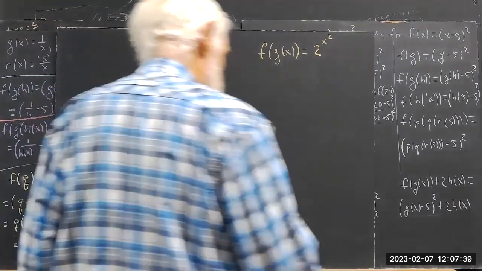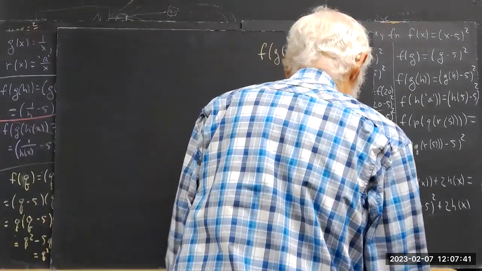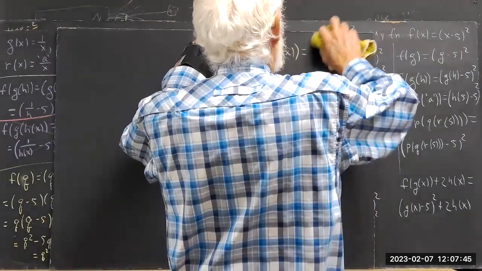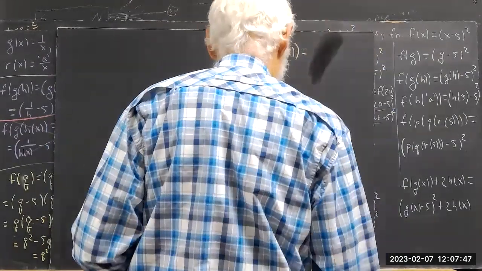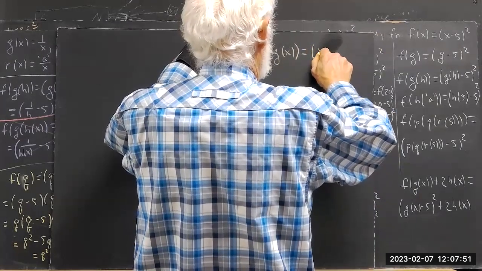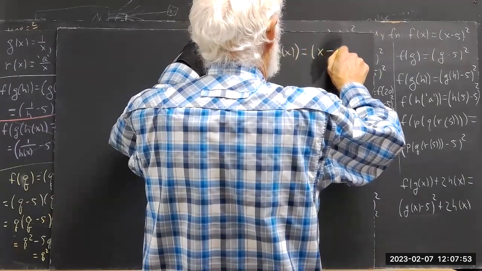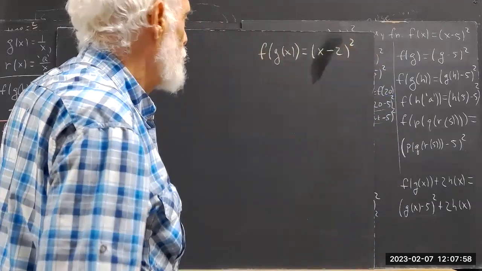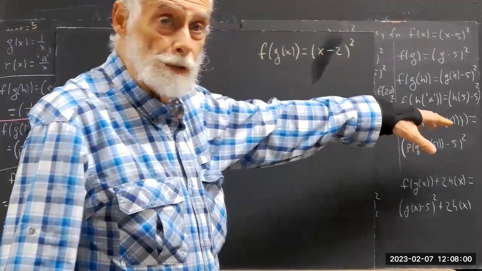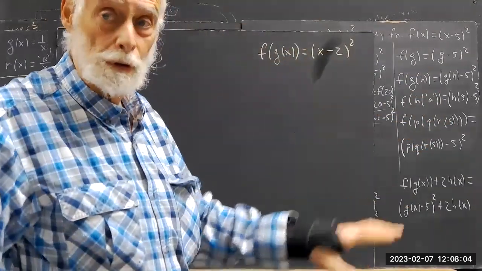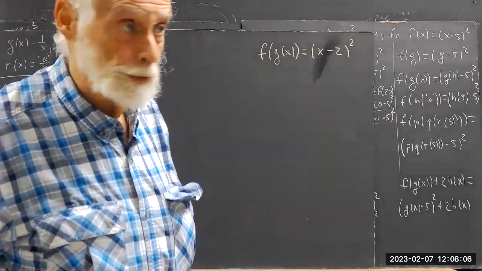Actually, I don't want to. I'll ask that one later. Now, the F and G and H and everything aren't what they were before. This is a new slate. It's totally new F and G functions.